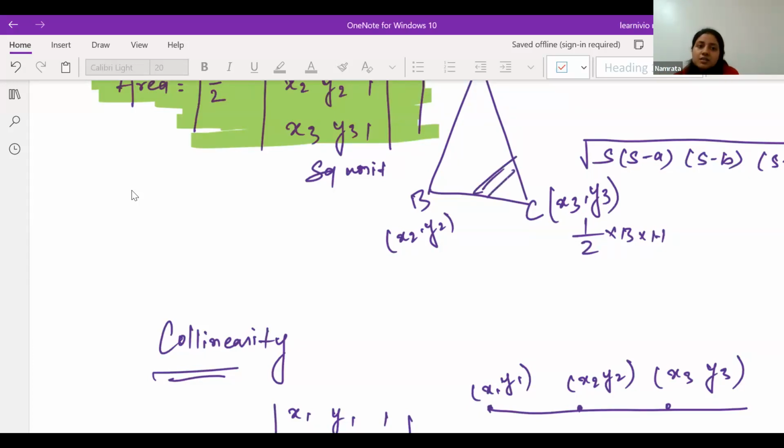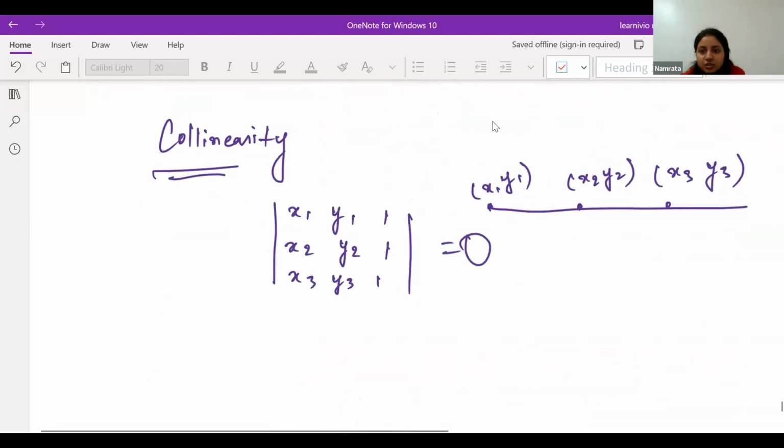So when the area is 0, that means there is no shaded part, no occupied part, we don't have any part. Negative we will never ever get, or even if we get it, we can make it positive by taking the modulus.